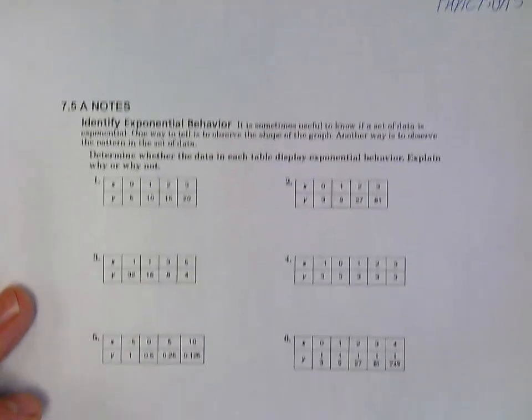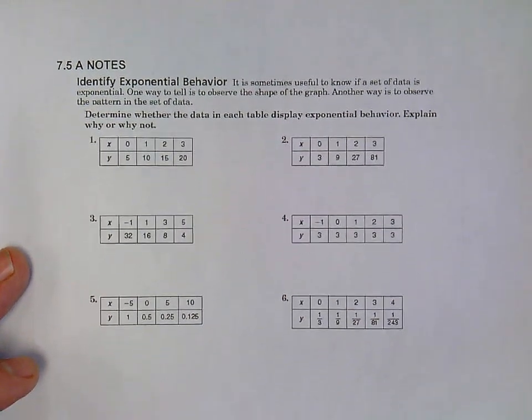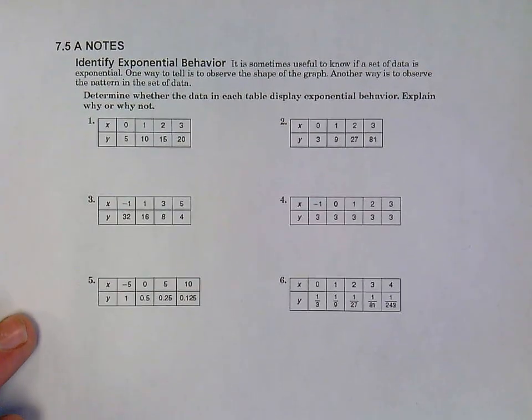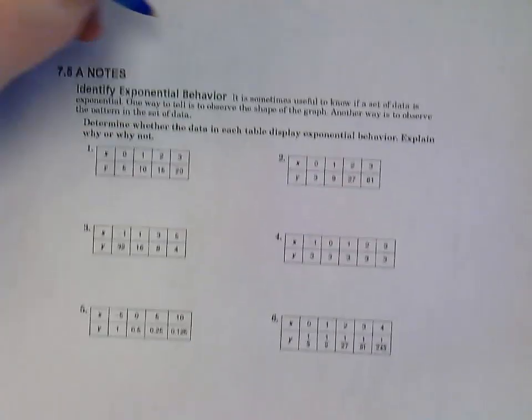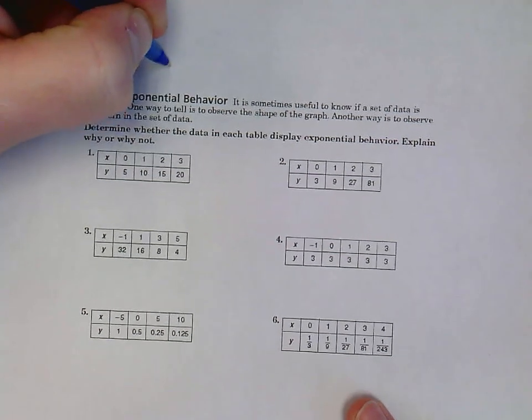So given a table, it should be fairly easy to figure out if something is exponential or not, okay? Because if I am doing something exponentially, it means I'm multiplying or dividing by some number every time. Let's write that.